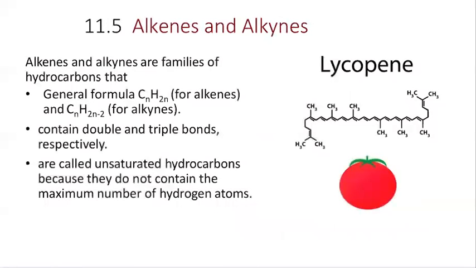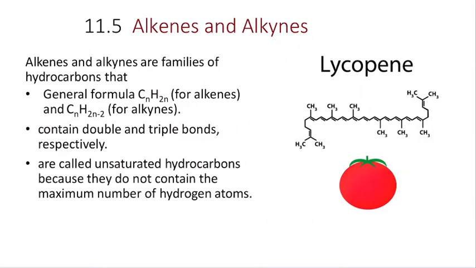Then let's move on to the next concept, which is talking about alkenes and alkynes. Yesterday, I introduced to you guys that alkenes and alkynes are also part of the hydrocarbon family. As we know, members of the hydrocarbon family have hydrogen and carbon as the atoms present in those molecules.